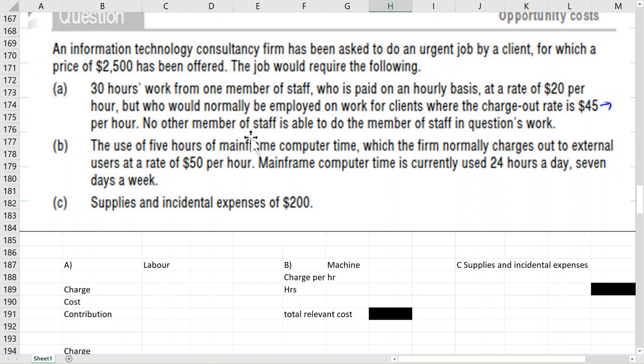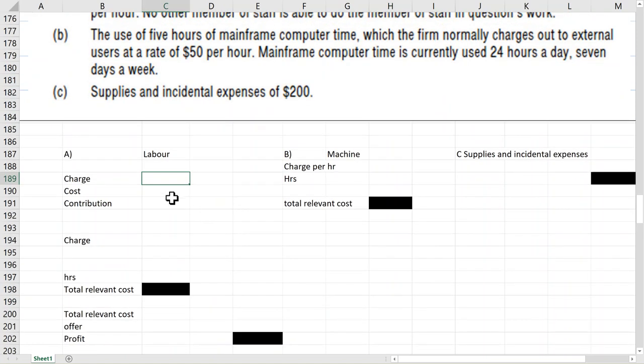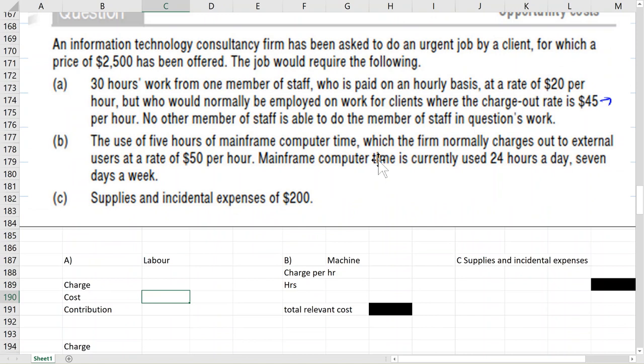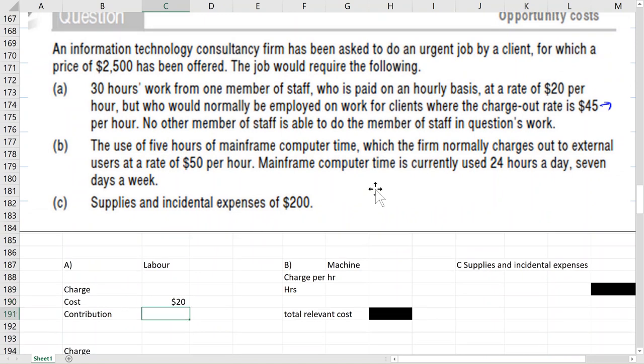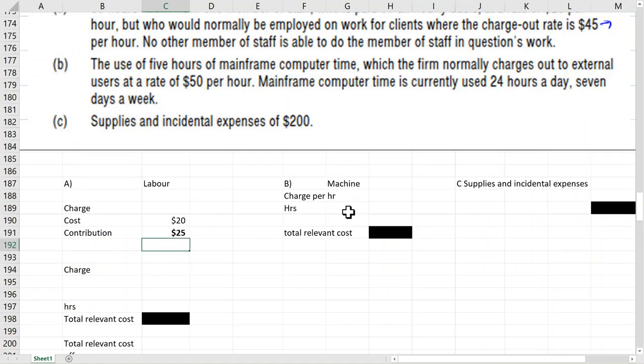First one, labor, it requires 30 hours. And we are paying on an hourly basis at 20, and they are normally employed on another job where we are charging 45. So it means there is no idle time and there is no overtime possible. So what we charge would be the cost of labor, which is 20, plus the contribution, which is 45 minus 20, 25.